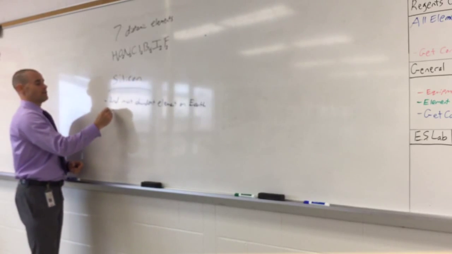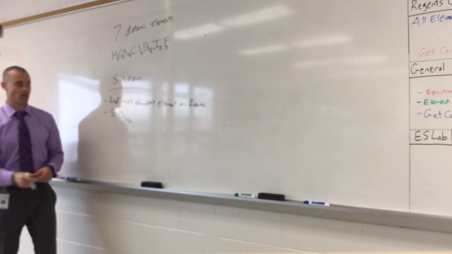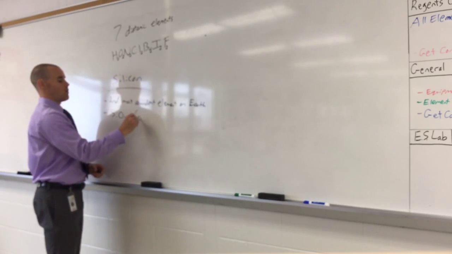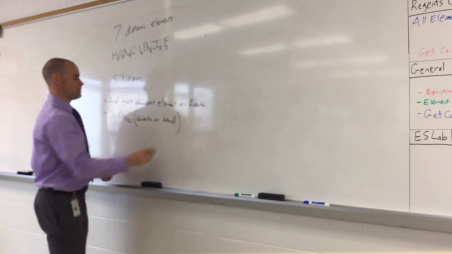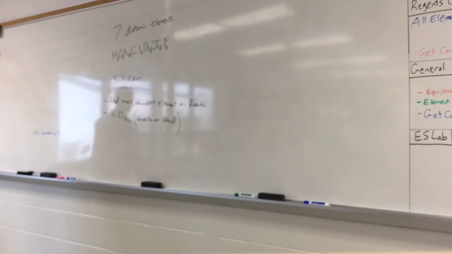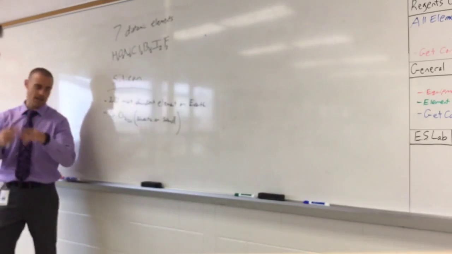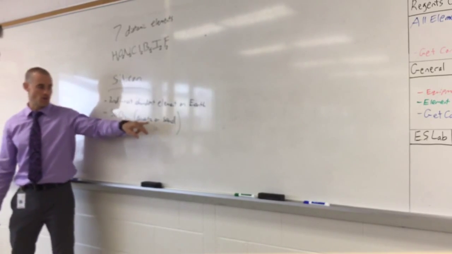It's also found in the compound SiO2 solid, which is also known as quartz or sand. Pure sand is SiO2. I can order sand from a chemical company. I know it sounds weird, but you can. And they give it to me in a container, and the compound is SiO2, silicon dioxide. That's quartz or sand.